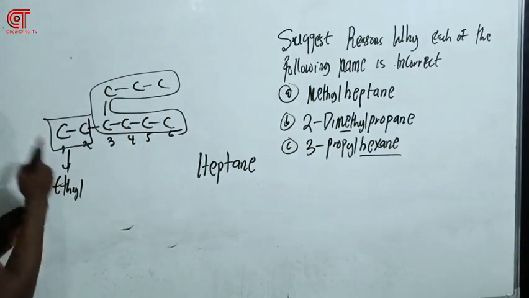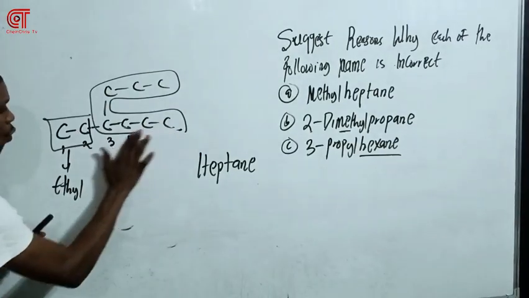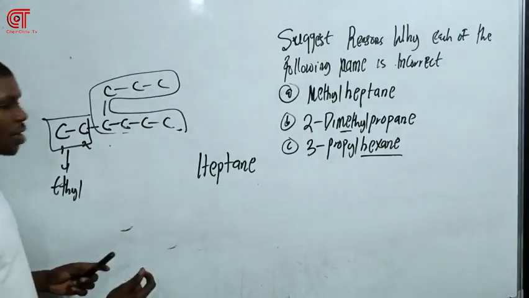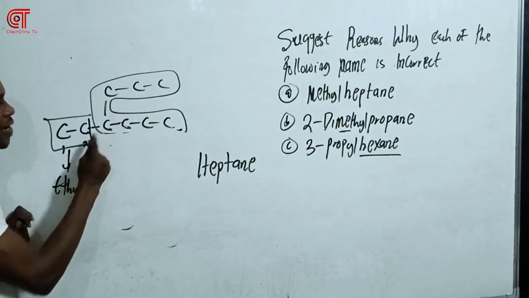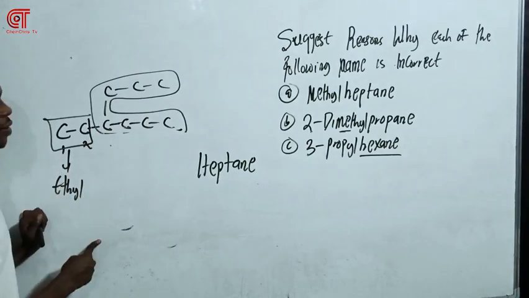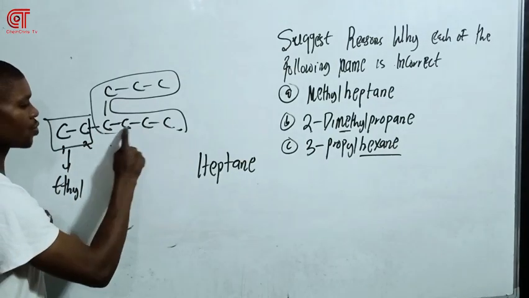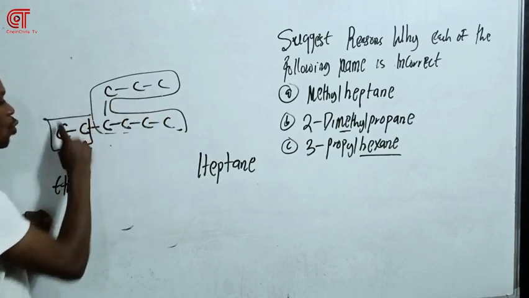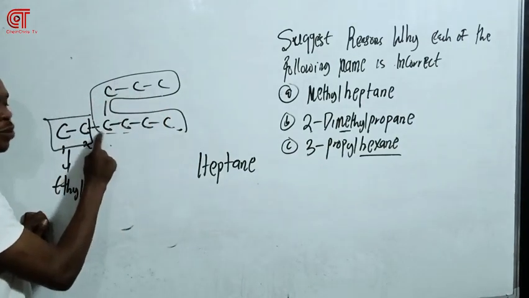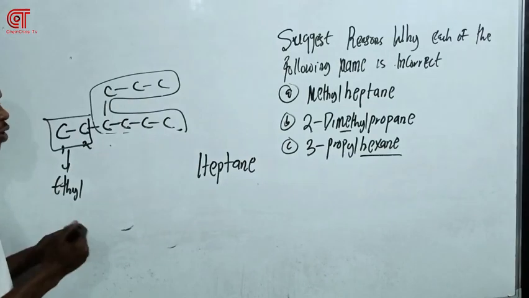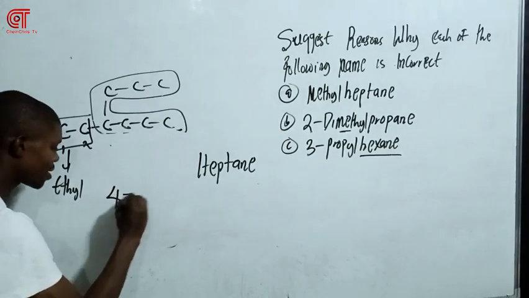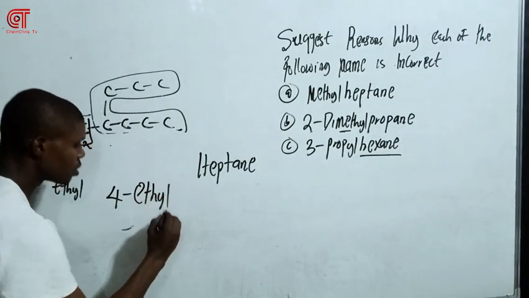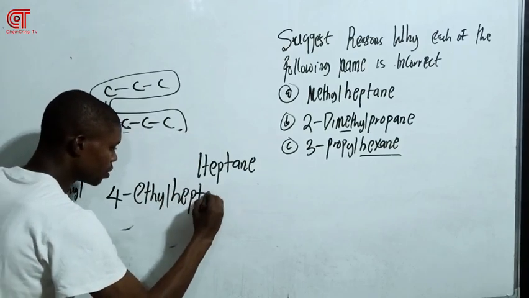Here we now have the substituents. Remember, when you are naming, the substituent must have the lowest possible number. So if I have something like this, 1, 2, 3, 4, 1, 2, 3, 4, whichever way you count, this is going to be 4. So the correct name is going to be 4-ethylheptane.